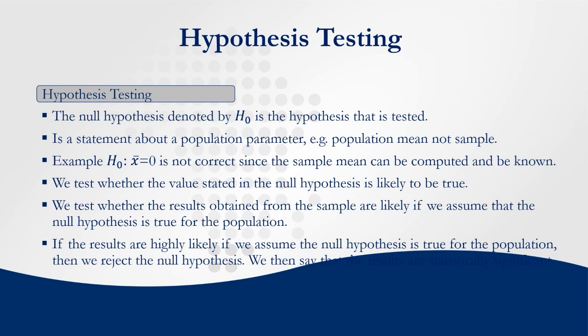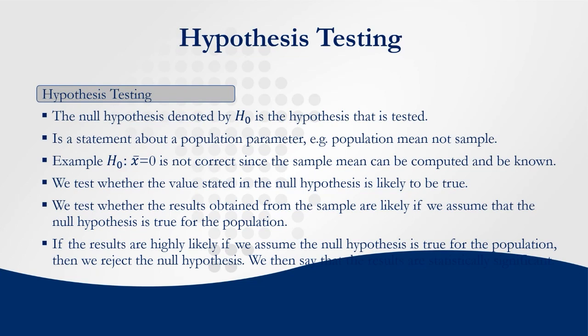In this case, it has to be about the population mean. So we test how likely it is that the value stated in the null hypothesis is true. This is just a more elaborate explanation: how likely are the results that we are obtaining from the sample if we assume the null hypothesis is true for the population?